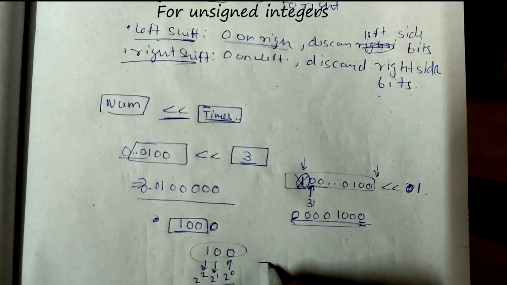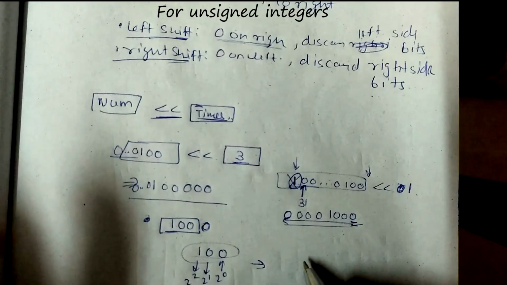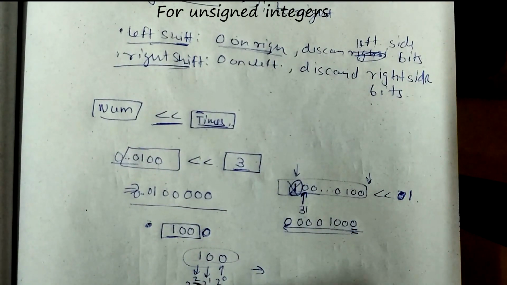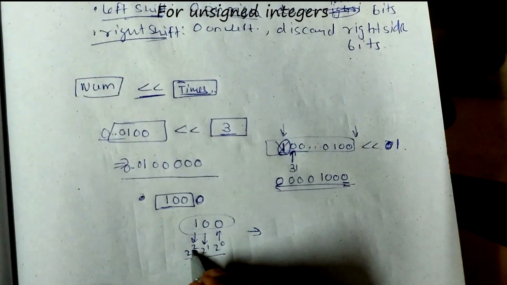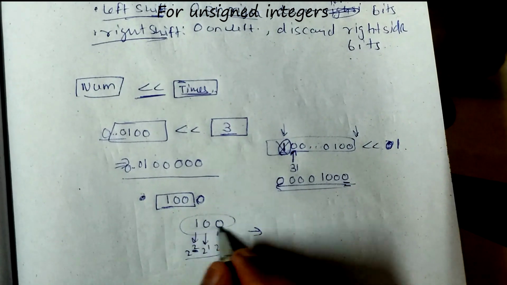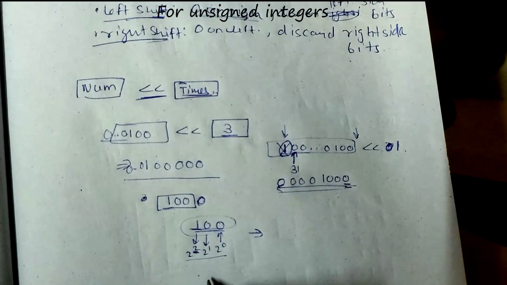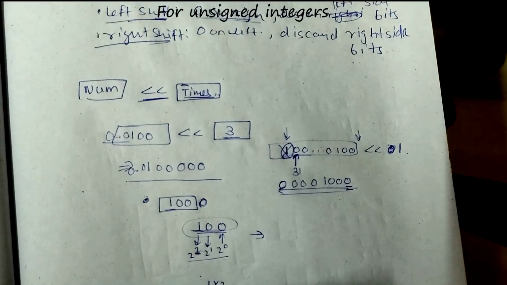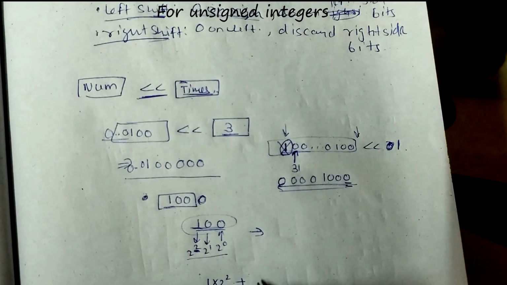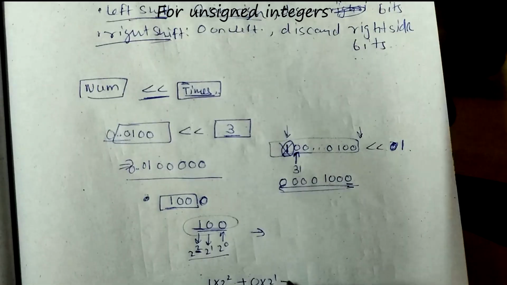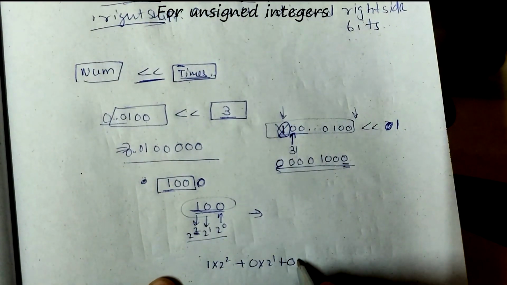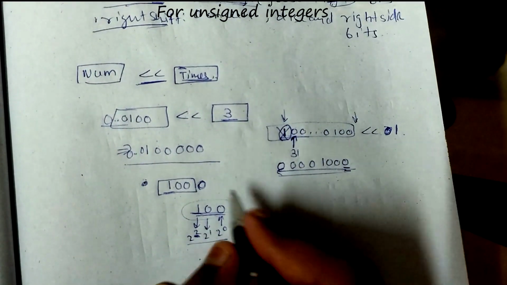If we add a 0 at the end, each power increments by 1. So whatever the bit was here, 1 into 2 to the power 2 plus 0 into 2 to the power 1 plus 0 into 2 to the power 0.